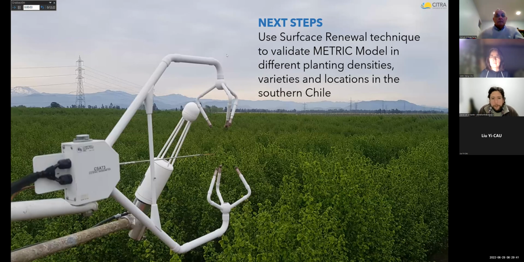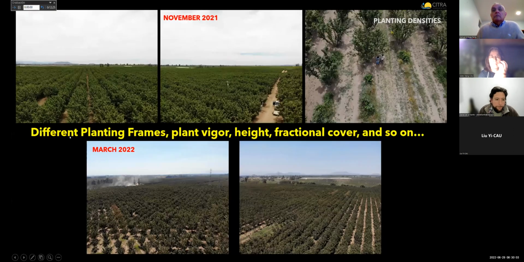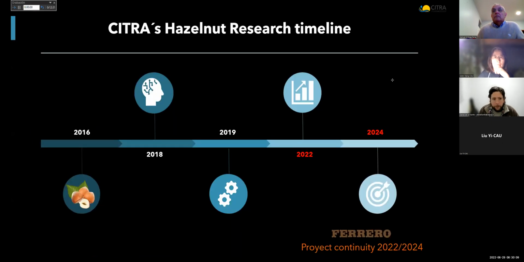So what are the next steps? In the next steps for us and for the team, we will use the surface renewal technique to validate the METRIC model in different planting densities, varieties, and locations in southern Chile, in zones that have different planting frames, plant vigor, heights, fractional cover, and so on.